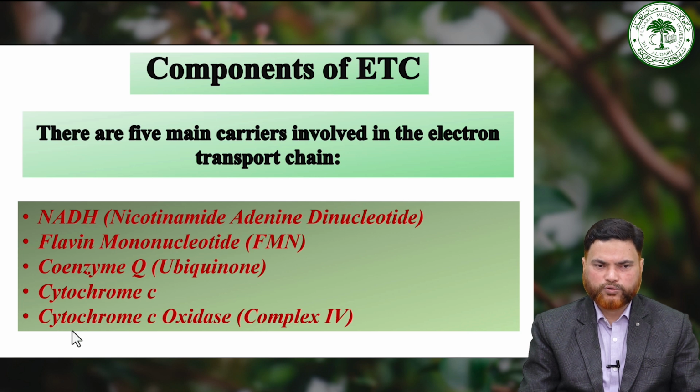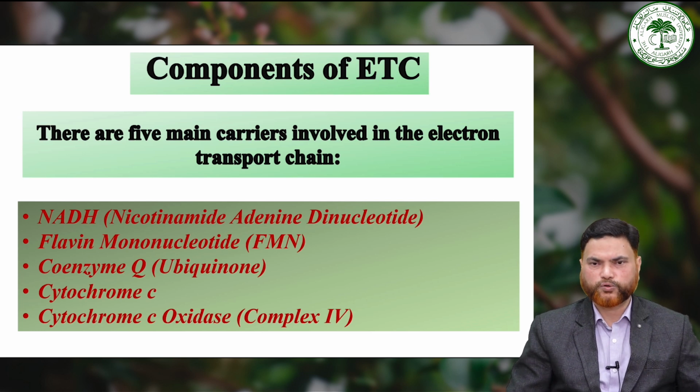And then the fifth is cytochrome C oxidase, or complex 4. You see that this complex is the final complex in the electron transport chain, and it receives electrons from cytochrome C and transfers them to molecular oxygen, reducing it to water.